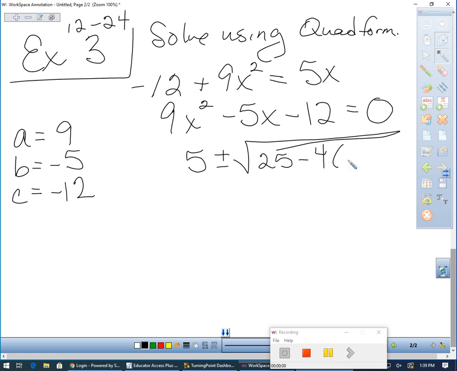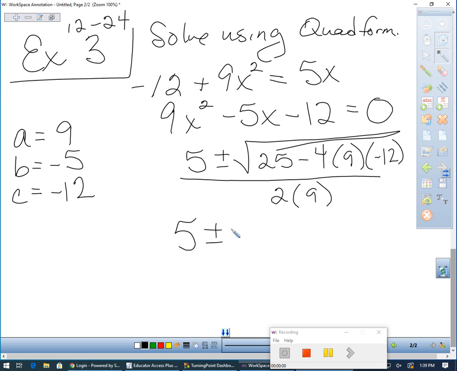Minus 4 times a times c, all over 2a. So then we're going to decide what's inside that square root. 457. All right, so we have 5 plus or minus the square root of 457 over 18. Can 457 be divisible by anything? No, so we're done.